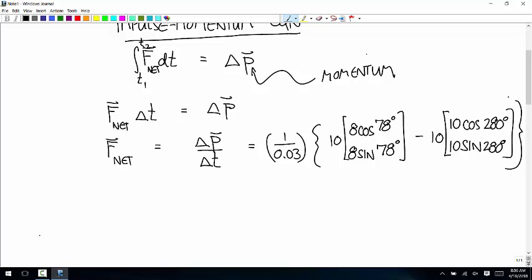Okay, so can someone calculate that? 224 for, this needs to be a vector. Oh, that's the first component? 24.296? Okay, 40, yep.